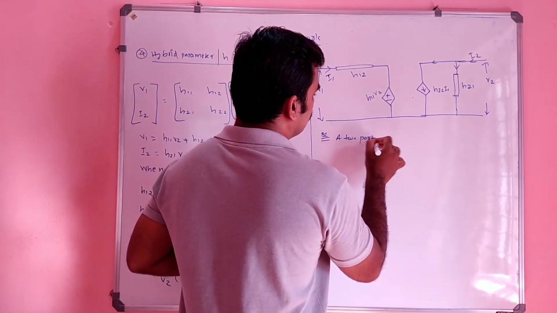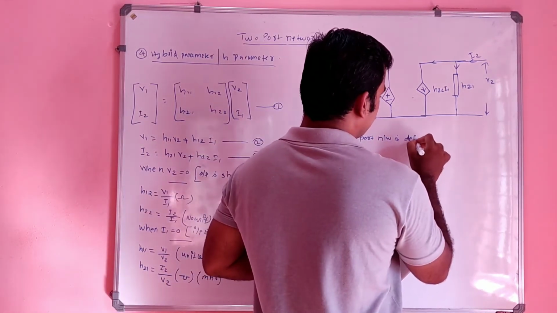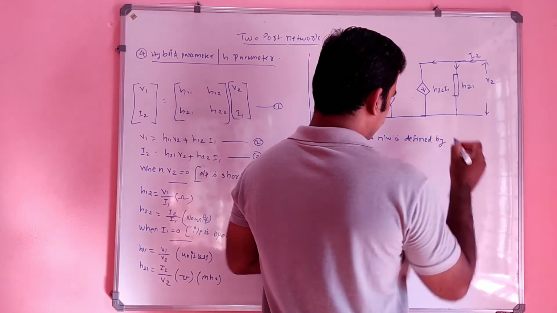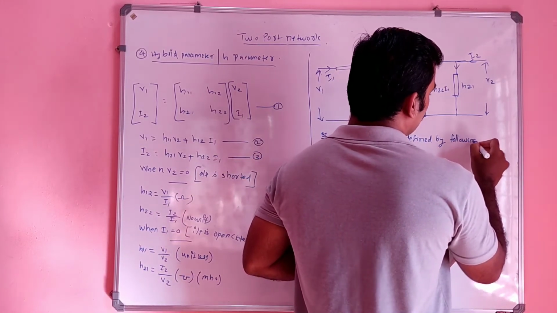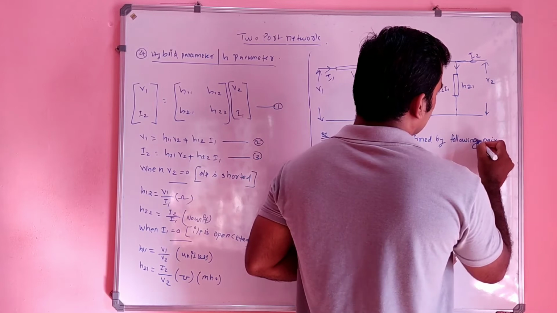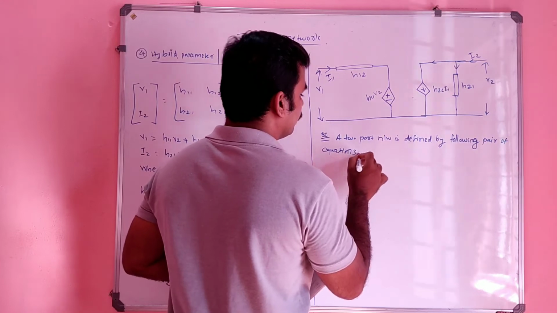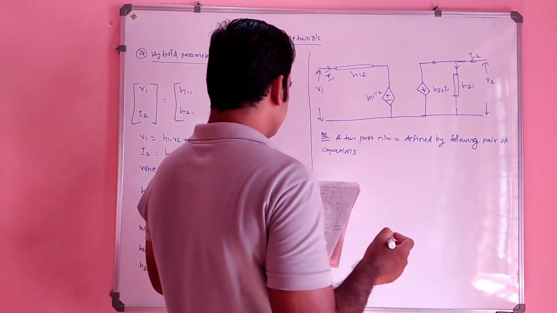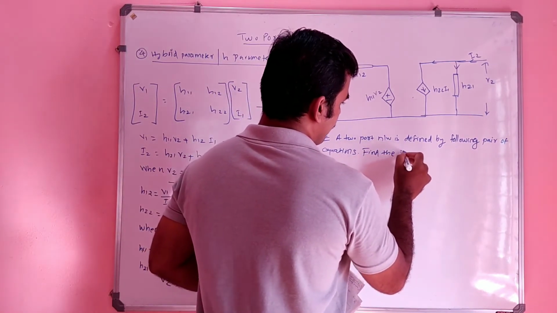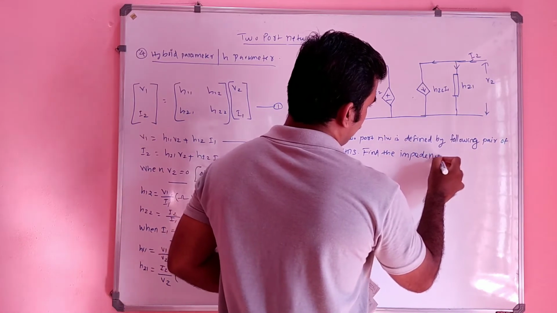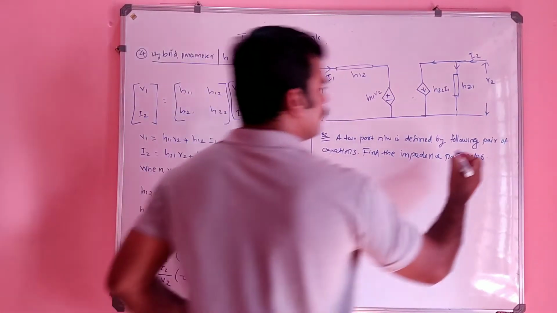A two-port network is defined by the following pair of equations. Find the impedance parameter.